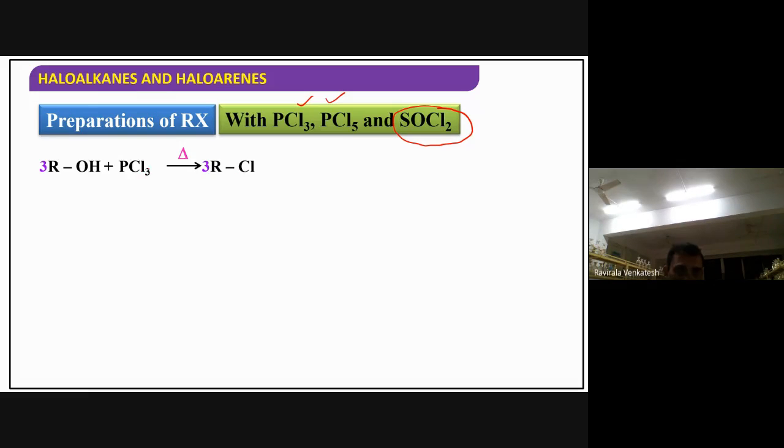That means 3 chlorines are moving towards you, and you are going to get H3PO3, phosphorus acid.